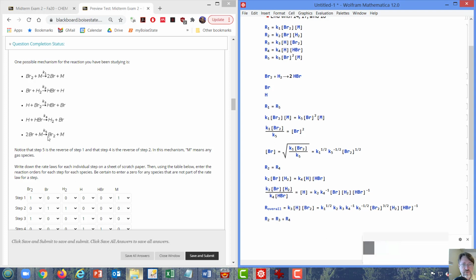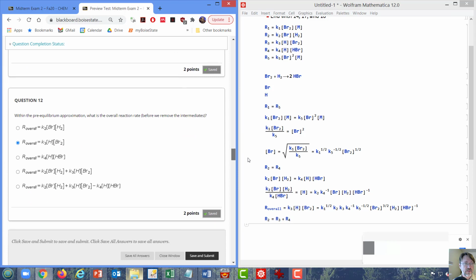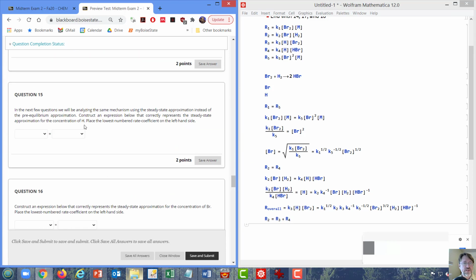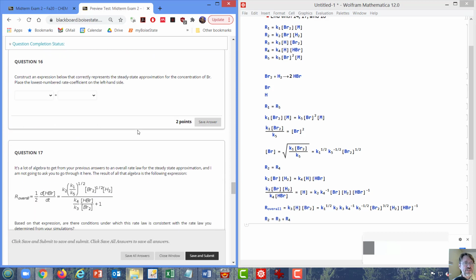It is not involved in step 5. So we want R2 equals R3 plus R4. Now, there's a comment here, place the lowest numbered rate coefficient on the left-hand side. That's because if we put R3 plus R4 over here and R2 over here, it won't get counted right. So we want R2 equals R3 plus R4. Save that answer.